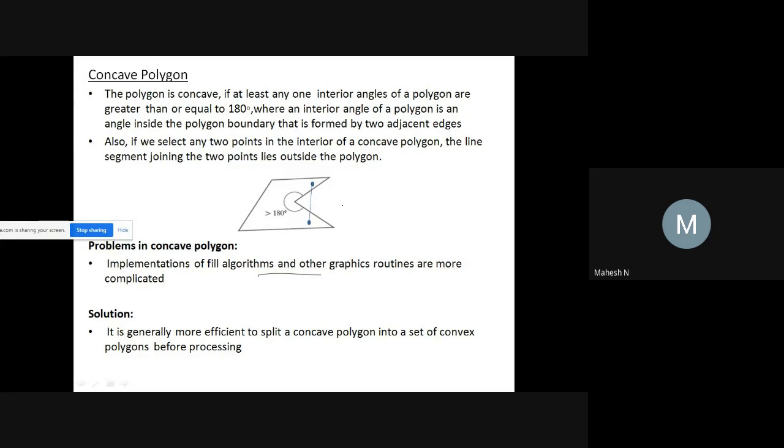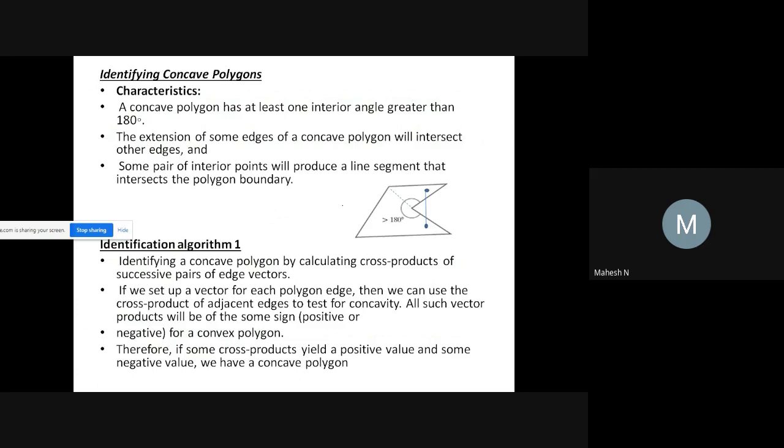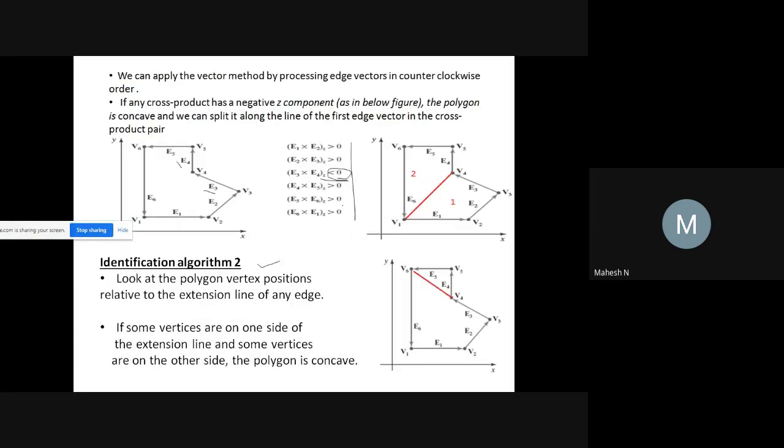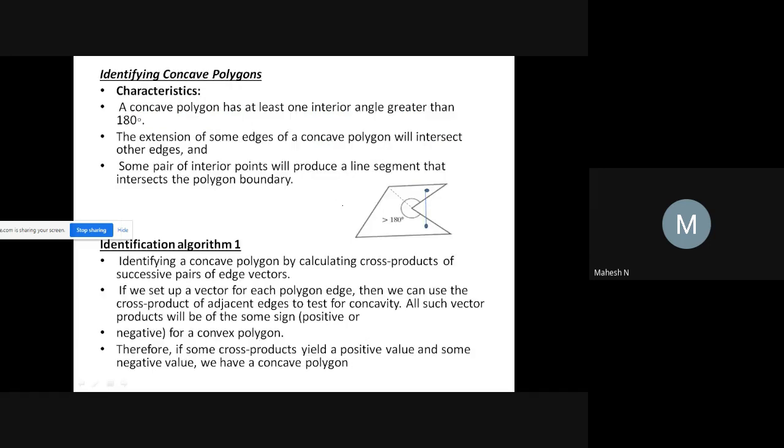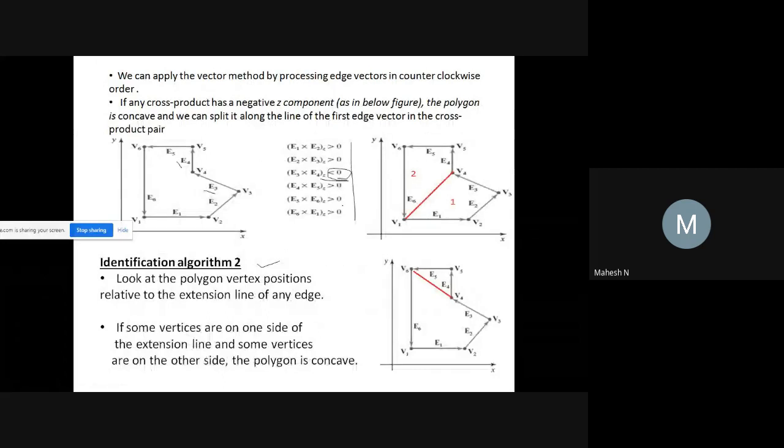To break a given image into convex polygons, first I need to check whether it is a concave polygon or not. These two are the algorithms. The first algorithm is the vector cross product method. The second is the extending the edge method.